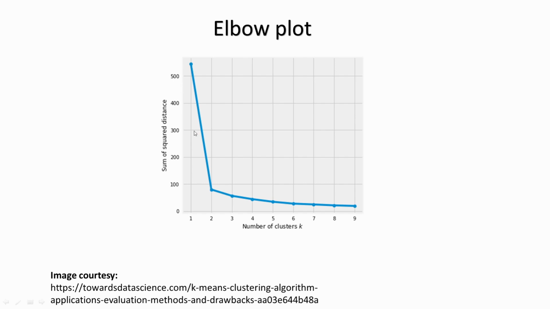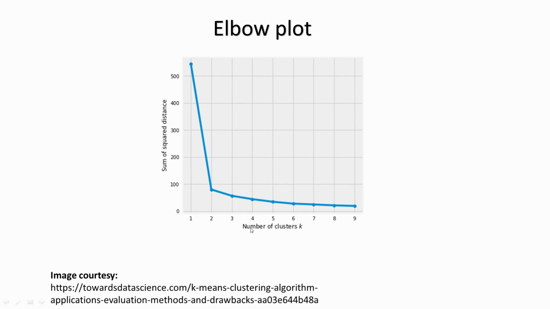This is a drastic change from 1 to 2. Whenever we come across a drastic difference, we can choose the K value accordingly. So here the elbow is bent right at the point where K equals 2. For this example, our elbow plot suggests that the K value should be 2.